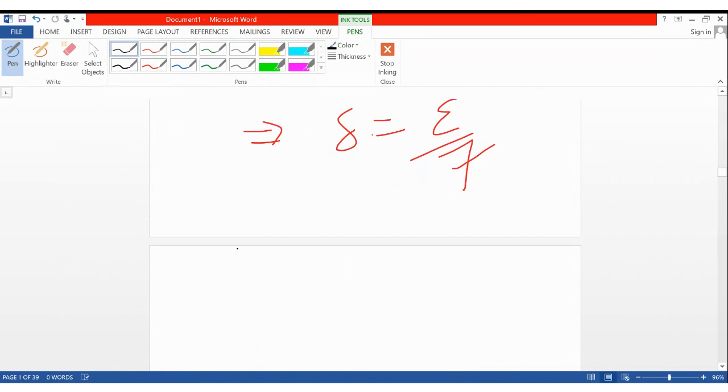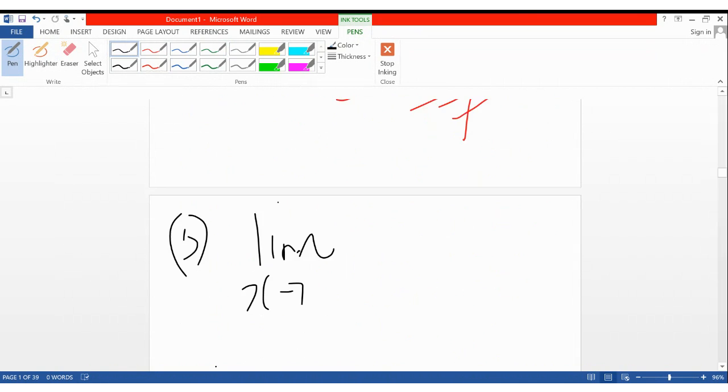So the limit as x is approaching 4 of 2x squared minus 1, that is you'll get what there, that is 16.